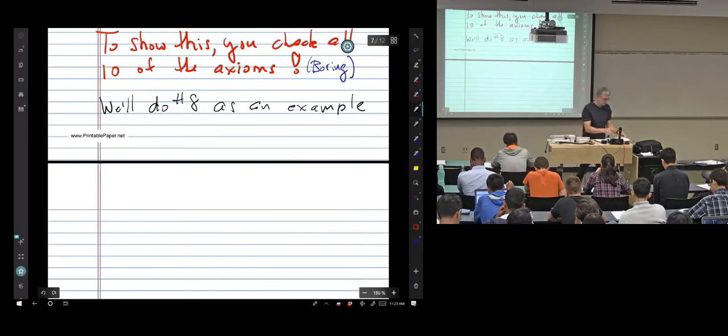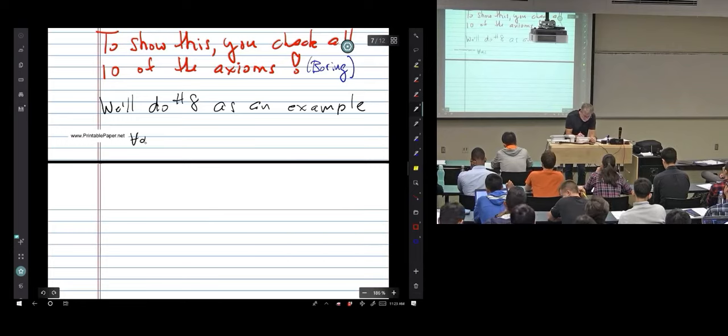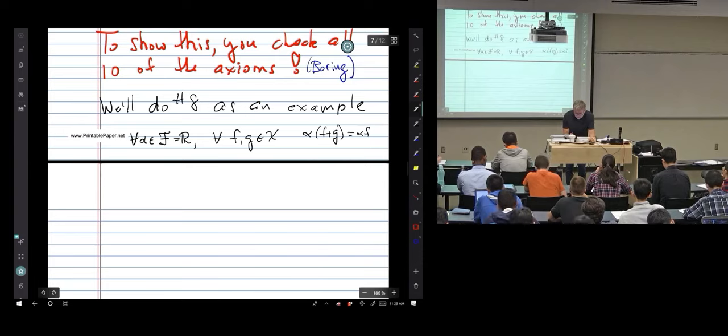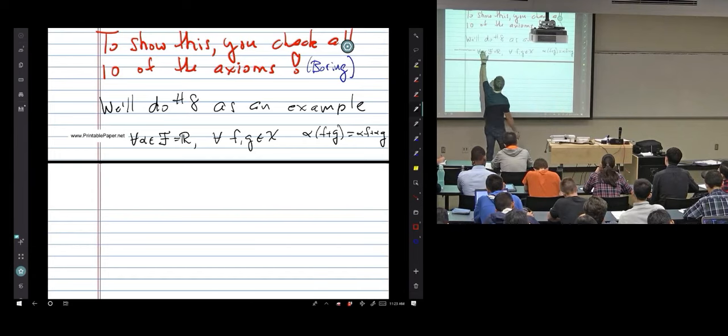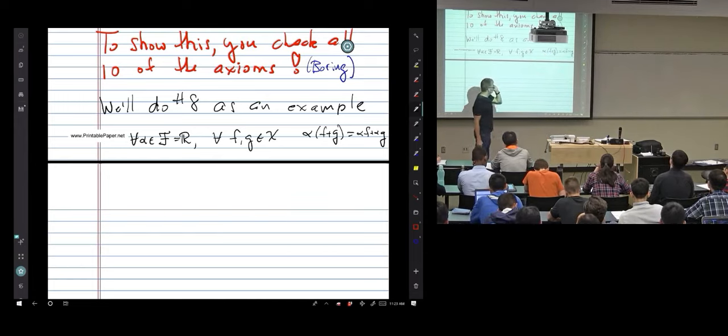So we want to show that for every alpha in our field, which is the real numbers, and for every f and g in X, alpha times (f plus g) equals alpha f plus alpha g. Take an arbitrary scalar and two functions; I want to show the distributive rule for multiplication.